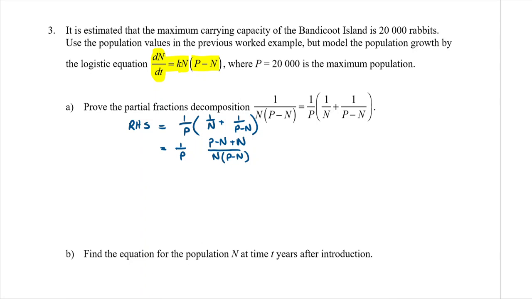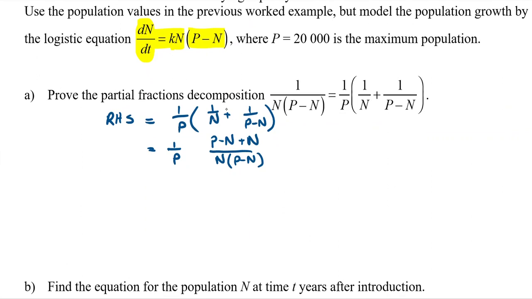That is all multiplied by the 1/P out the front. The minus N plus N disappears, and we have a P on the top, and because P is the only thing left on the top, it cancels the P on the bottom. All that is left is 1 on the top over N(P minus N) on the bottom, which is our left-hand side.